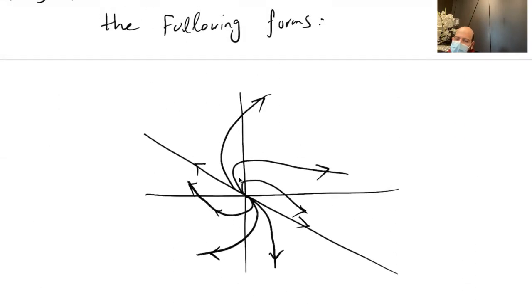Well, if the eigenvalue is positive, then we know that the solution looks like C1 e to the power lambda t. If lambda is positive, as t goes to infinity, e to the power infinity will be infinity. So in that case, we'll get farther and farther from the origin.